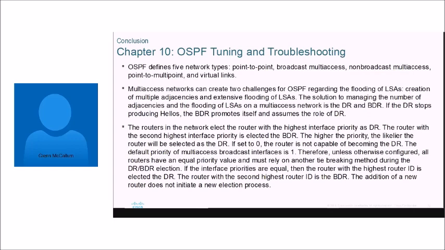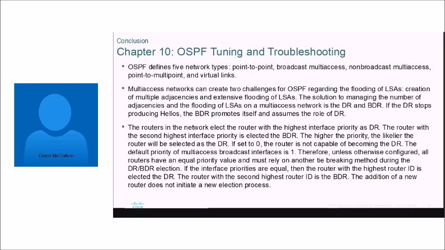I'm going to say some flooding will happen always because that's the way OSPF works, but we don't want it to be excessive. And so having a DR and BDR means that it's a lot more efficient when it comes to traffic for OSPF. So everyone tells their troubles to the DR, and then the DR will then advertise that to everyone else.